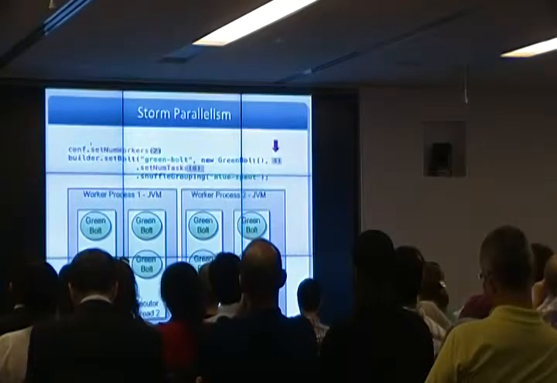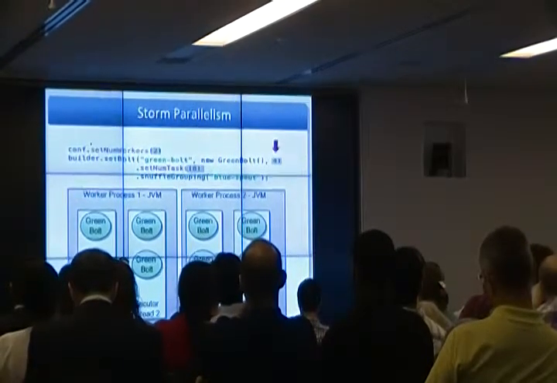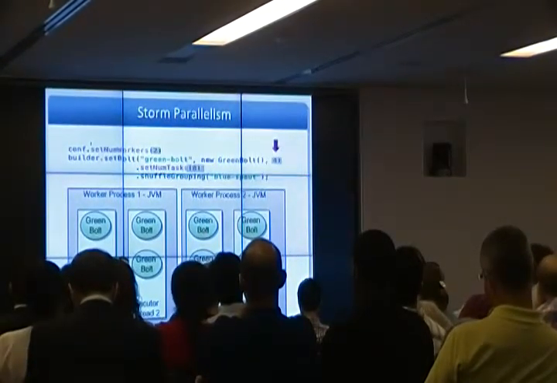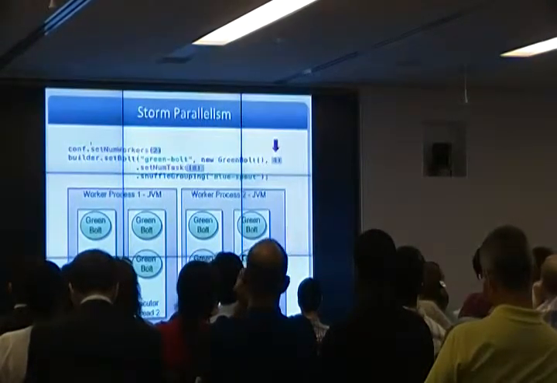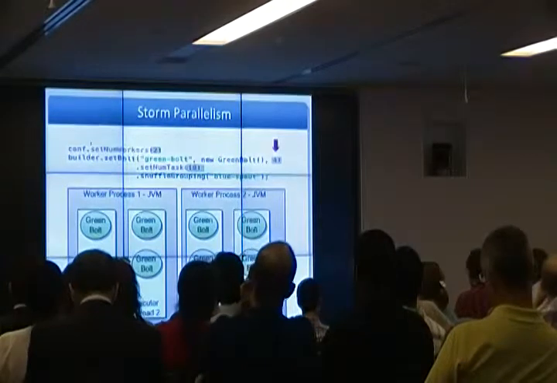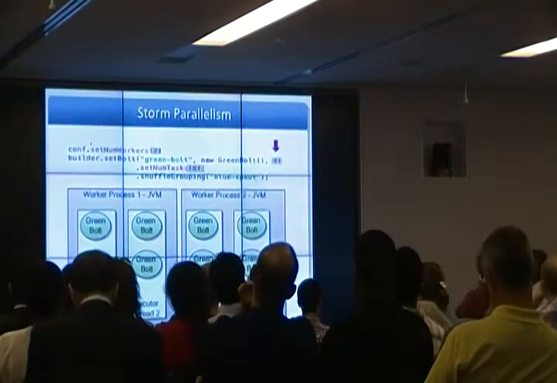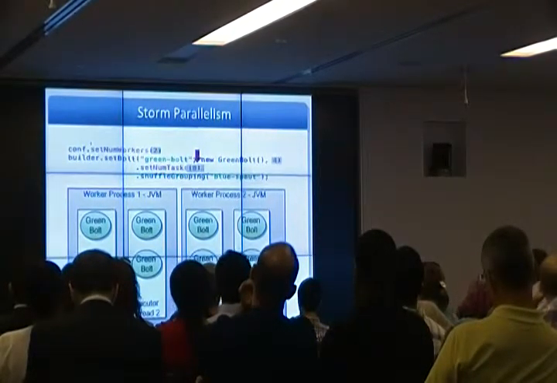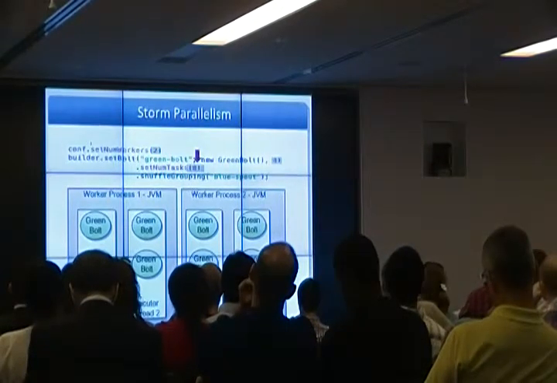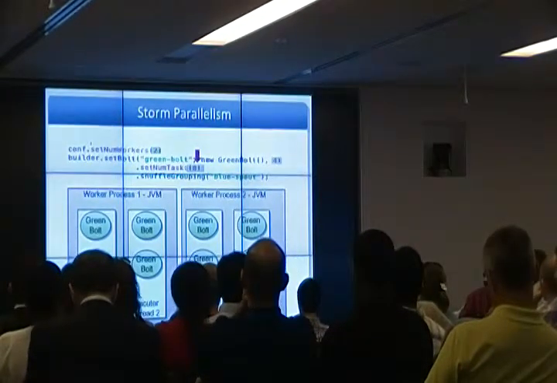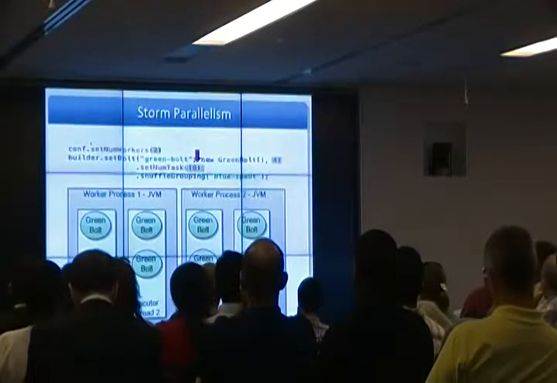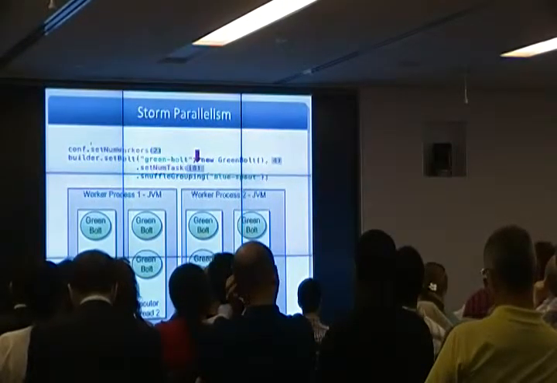In that case, I allocate 4 threads for the green bolt. So you see 4 executor threads spread out across 2 Java virtual machines. And you can also specify how many tasks you want for this particular component. So I said 8, so it will be 8 tasks, 2 for each thread.